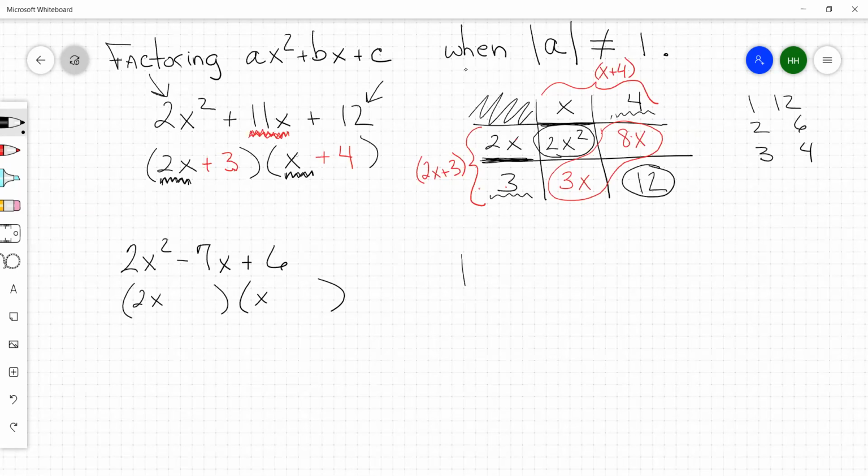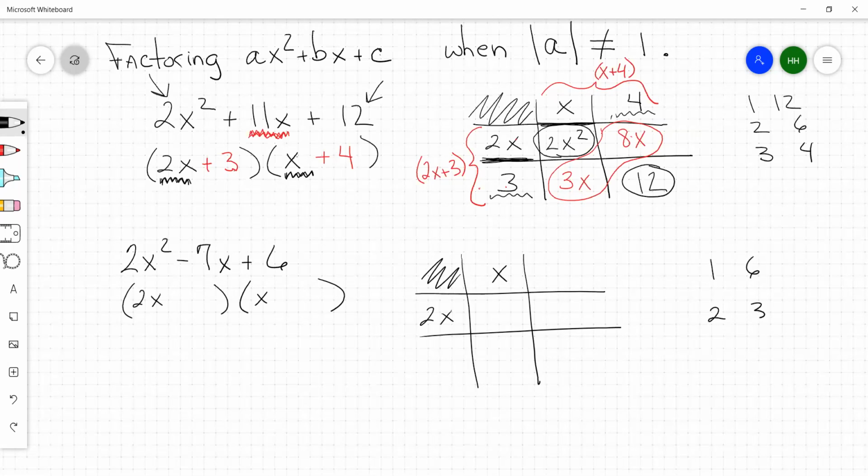Now I'm going to my table. Again, I got a 2x and I got an x. And I'm working with factors of 6. So I got 1 and 6 and I got 2 and 3. I got to deal with a negative in the middle and a positive at the end.